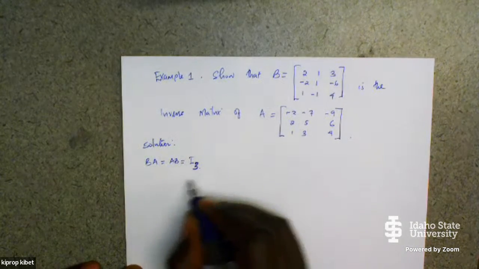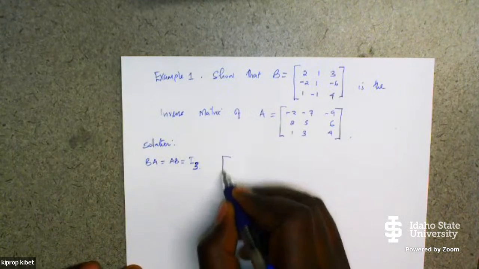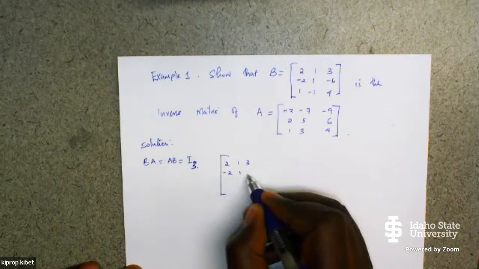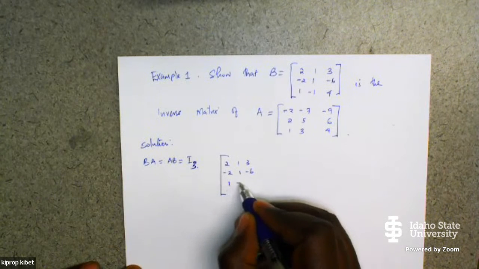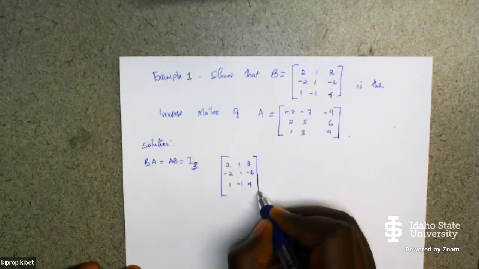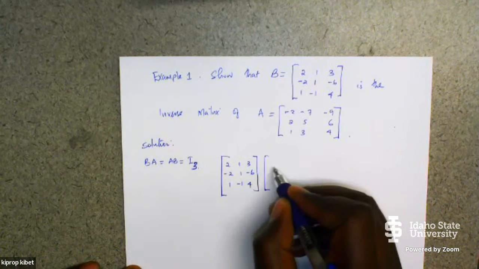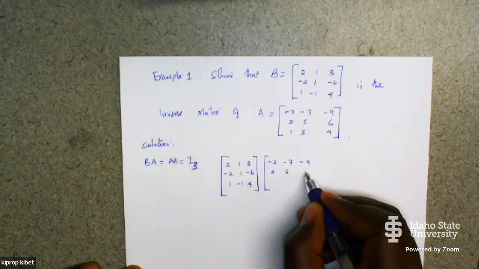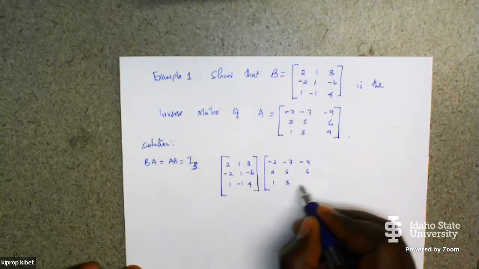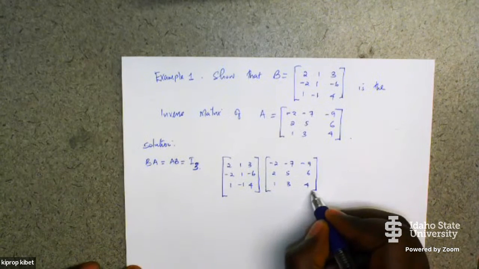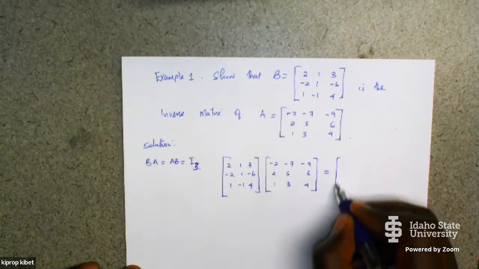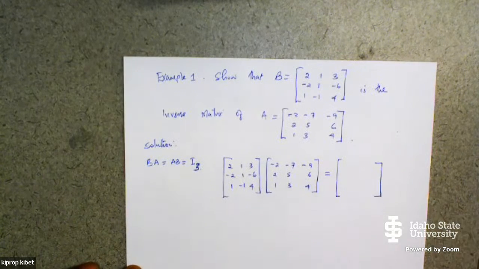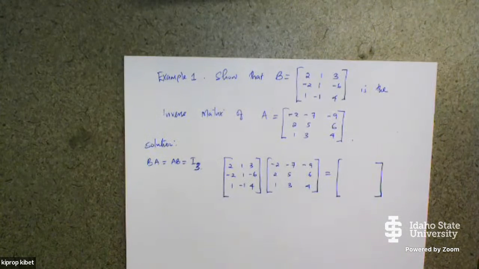So when we multiply BA first, it is 2, 1, 3, negative 2, 1, negative 6, 1, negative 1, 4, multiplied by negative 2, negative 7, negative 9, 2, 5, 6, and then 1, 3, and 4. What you should get is the identity matrix.